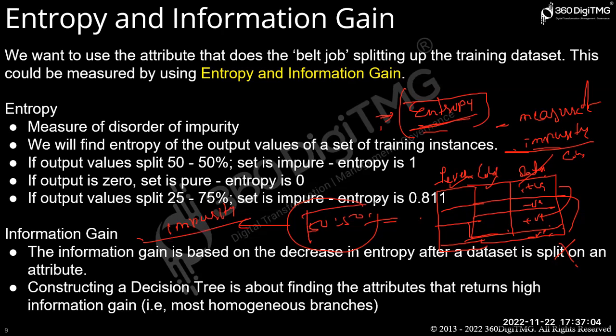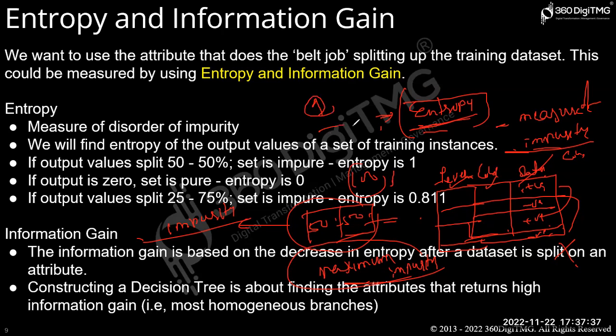When you have a 50-50 chance, it is like tossing a coin. In order to predict whether one particular person has COVID or not, instead of doing the prediction, we are simply tossing a coin, 50-50. In this case, we will be having the maximum impurity. So how much is the impurity? 100%.